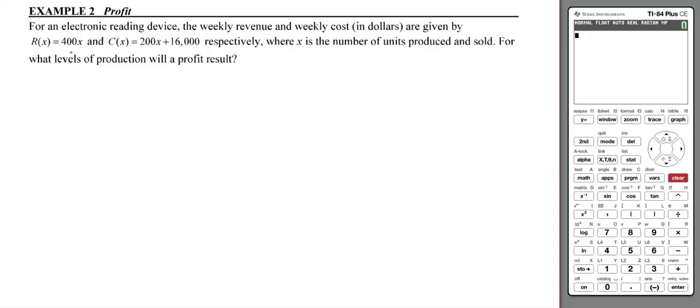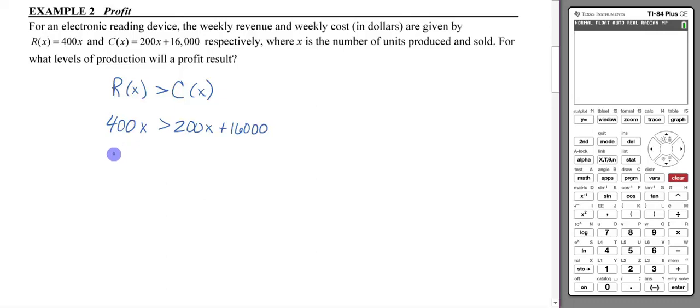We will have a profit when the revenue is greater than the cost. So we simply substitute what R(x) equals and what C(x) equals, and we have our inequality statement.